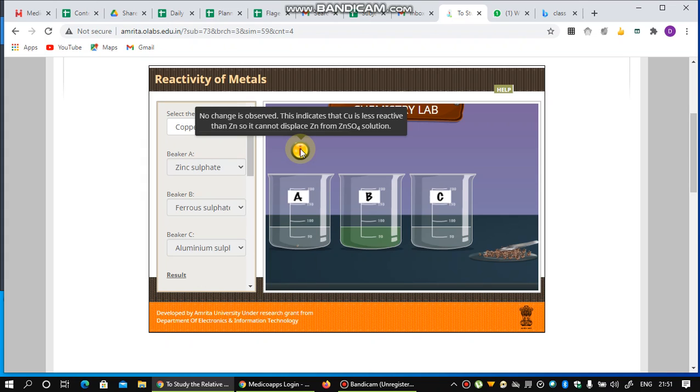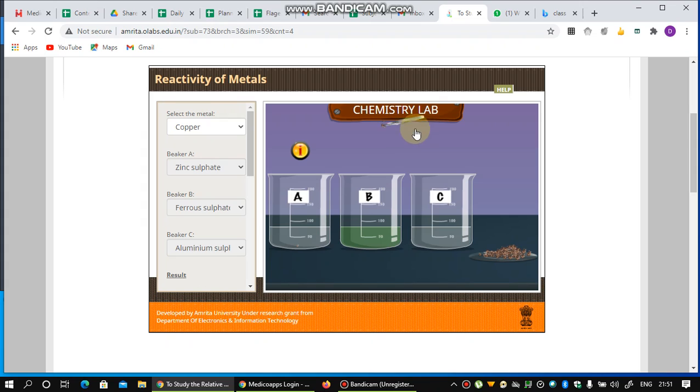Because copper is less reactive than zinc, so it cannot displace. Putting it in beaker B, waiting for an hour. So again, what happens? No change is observed. The reason being copper is less reactive than iron, so it cannot displace the iron sulfate.